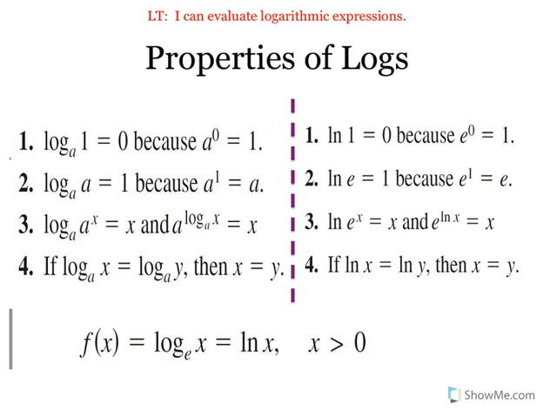Why does that work? Well, base raised to the x power equals base to the x power. Okay? A to the x power equals a to the x power. That's why this property works. So you may want to take some time to learn or memorize that property.